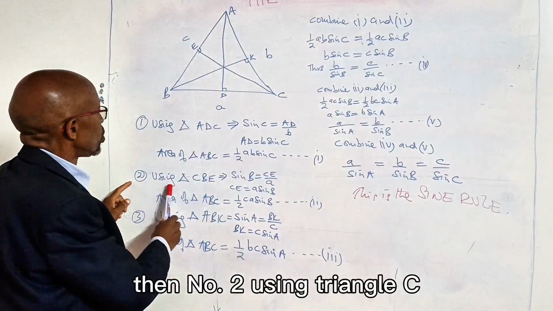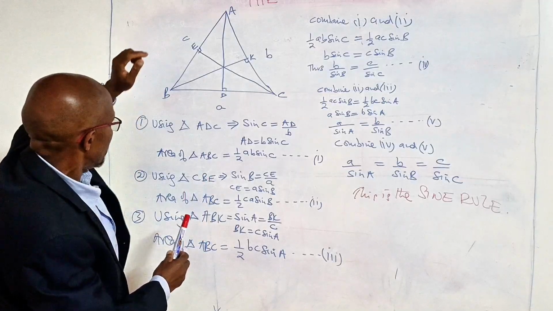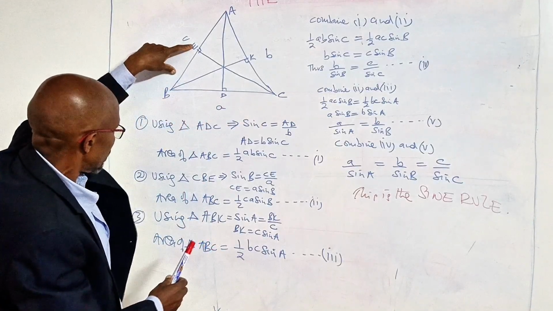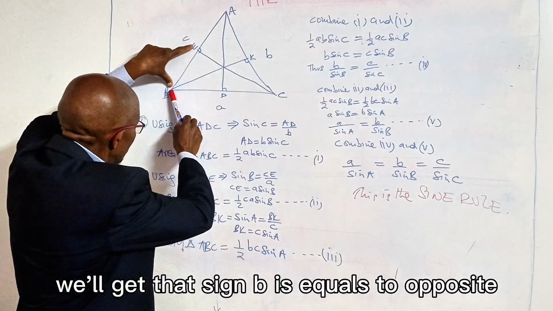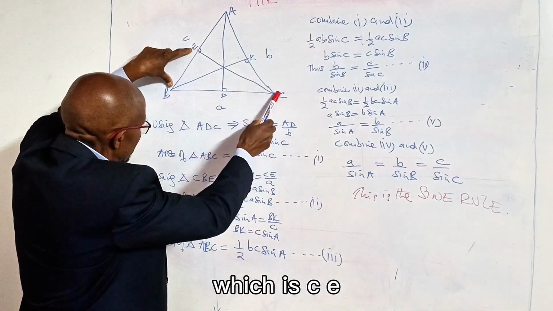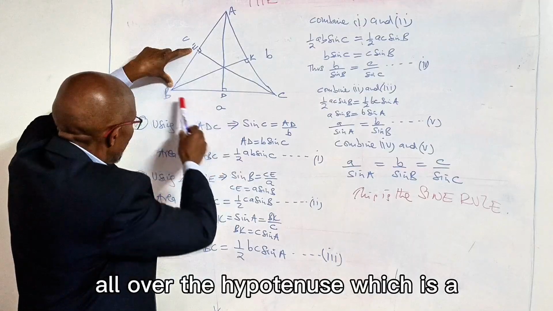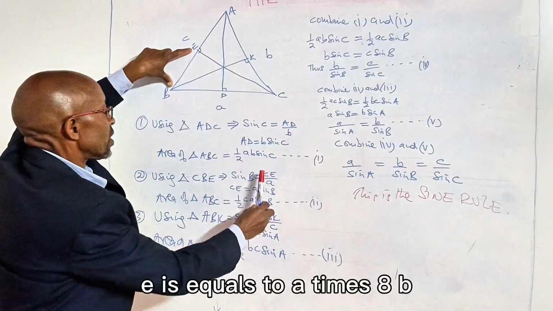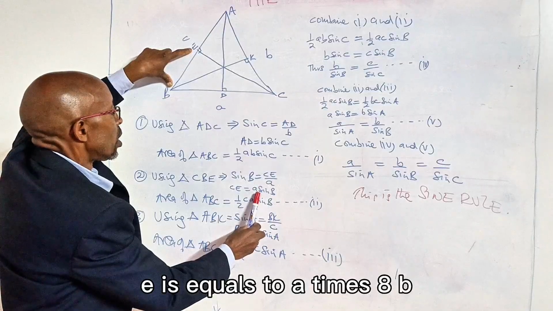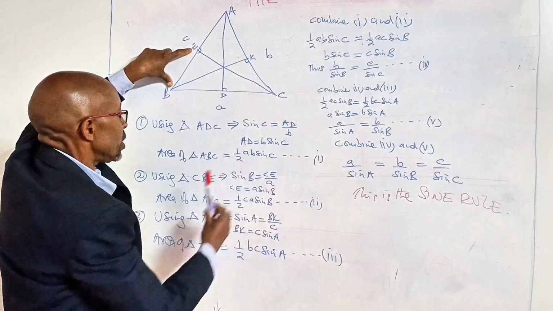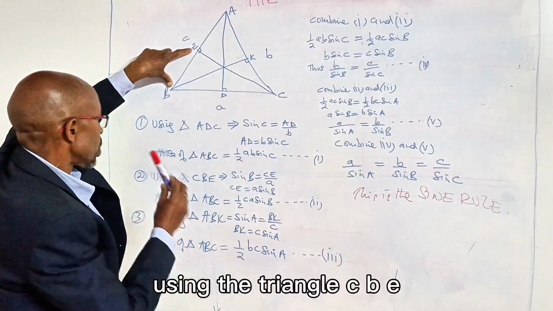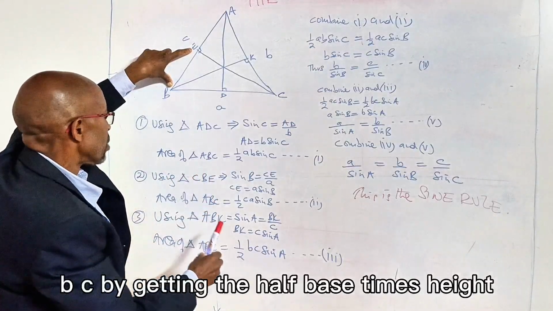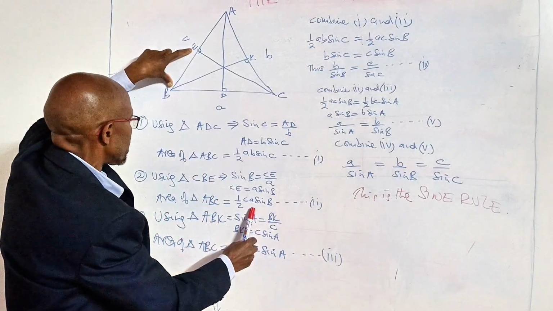Then, number 2, using triangle CBE, we'll get that sine B is equal to opposite, which is CE, all over the hypotenuse, which is A. In that case, our CE is equal to A times sine B. Using the triangle CBE, we can get the area of triangle ABC by getting the half base times height.